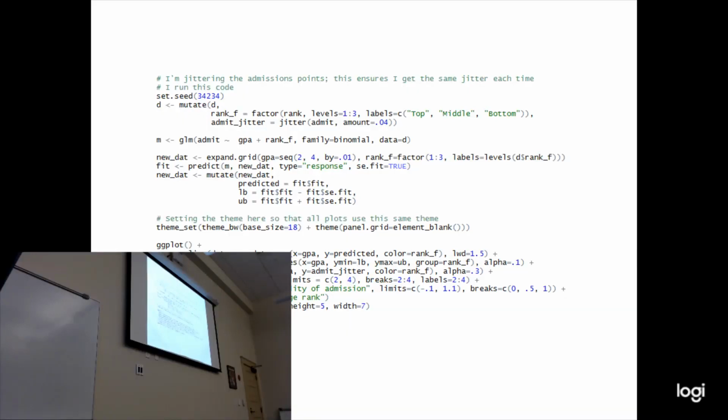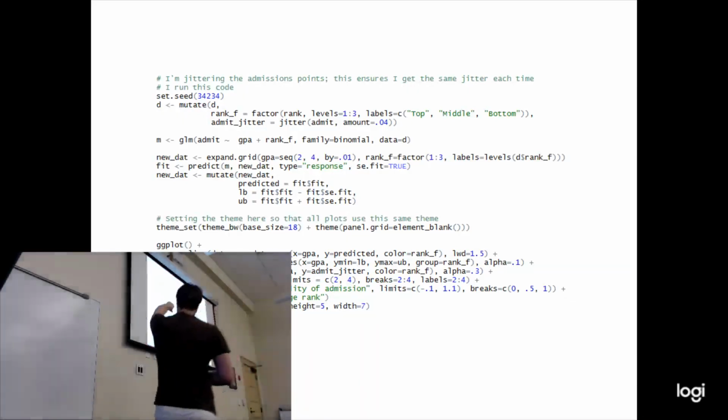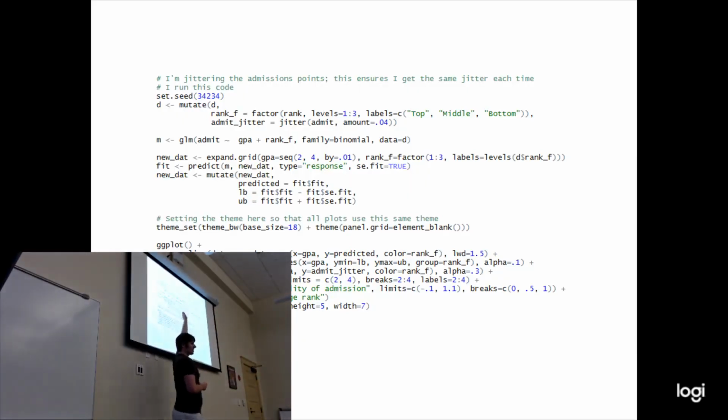Graphing is often one of those cases where it makes sense to work with factors. So I create that factor variable with that first step. I also am jittering my points in a separate step. I'm just creating a new variable that says jitter. I just find it to be convenient to do that sometimes rather than using geom_jitter. It doesn't really matter, but it's something that I just use.